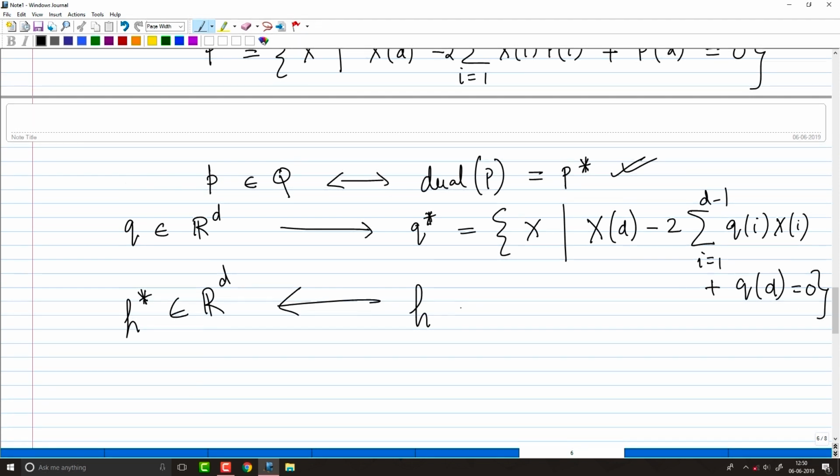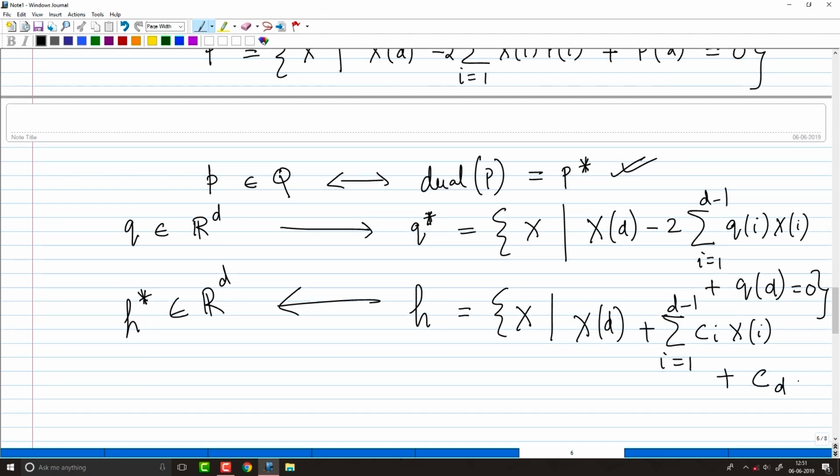So, let us say the equation of the hyperplane was all those x such that xd plus the summation of coefficient ci xi, i equal to 1 to d minus 1, plus cd equal to 0. I am just writing it as an equation like this.